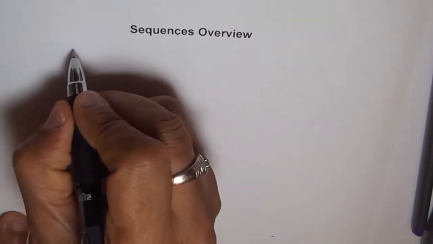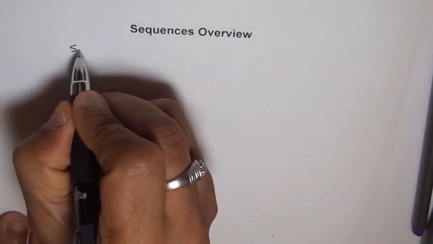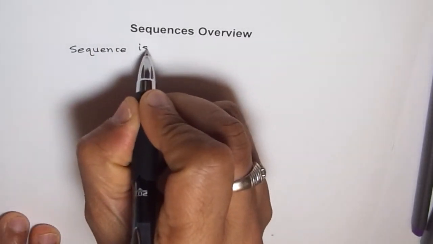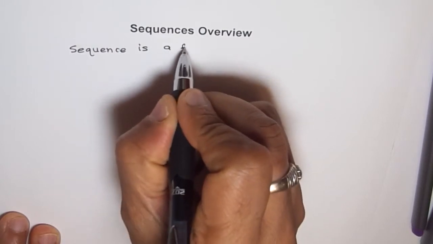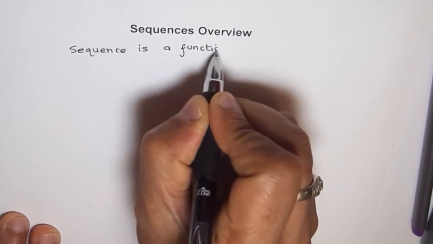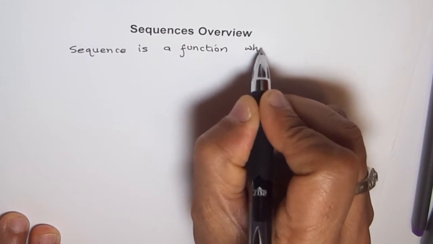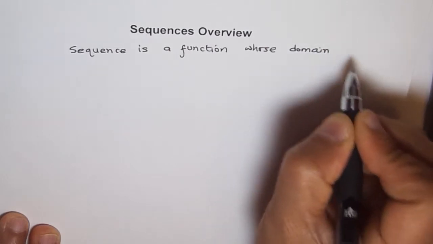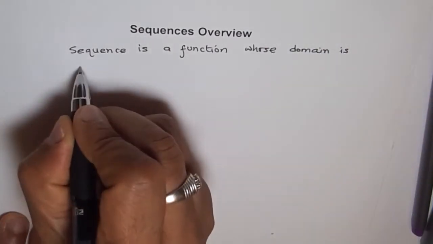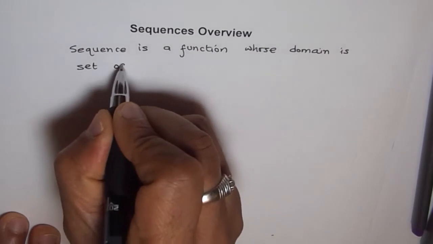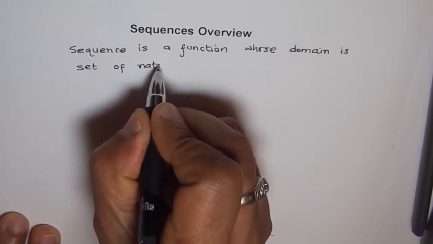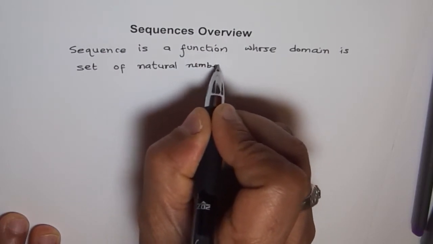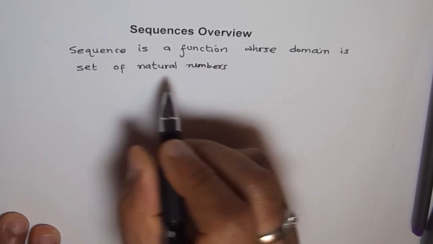So let's write that down. So what is a sequence? A sequence is a function whose domain is set of natural numbers.